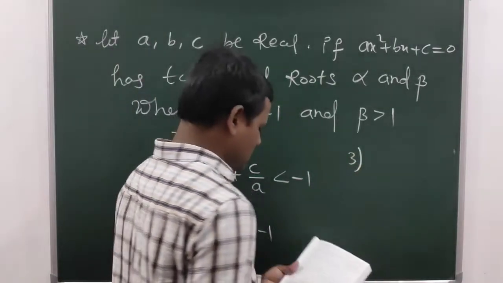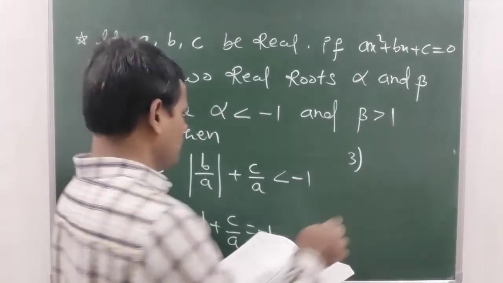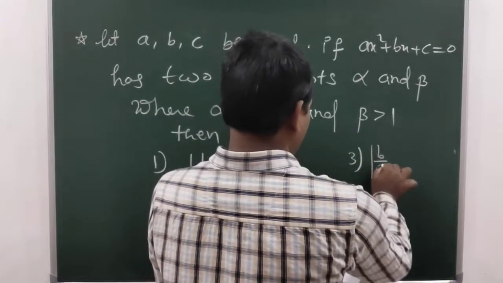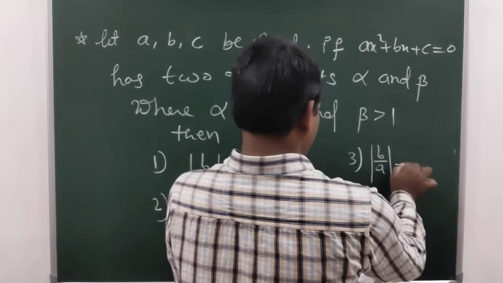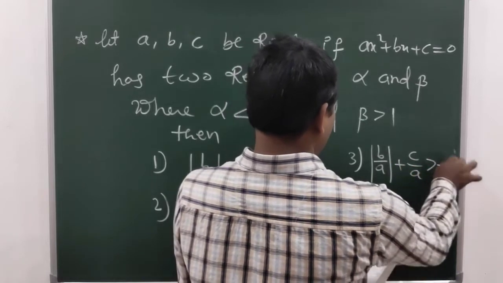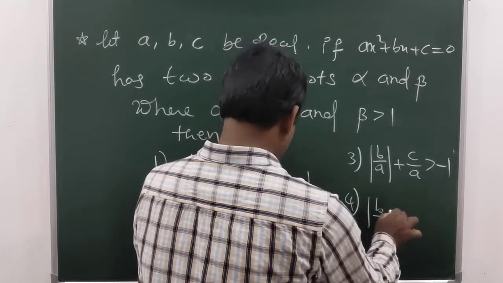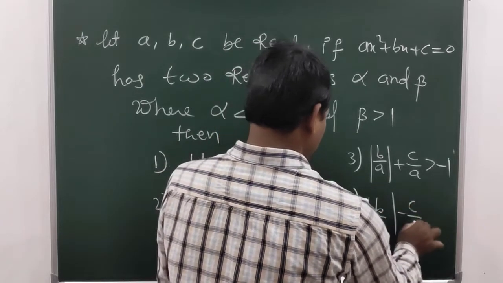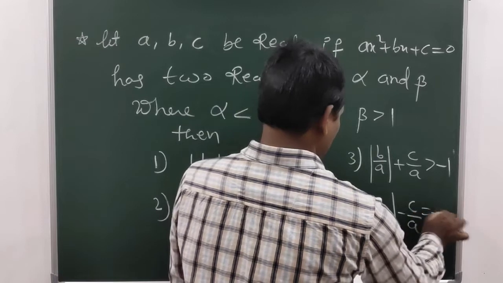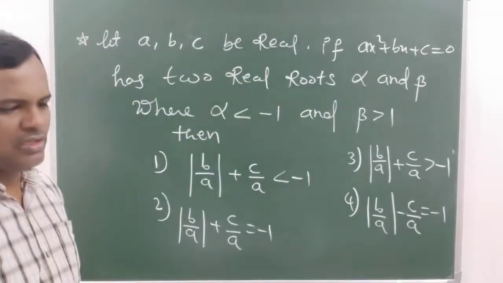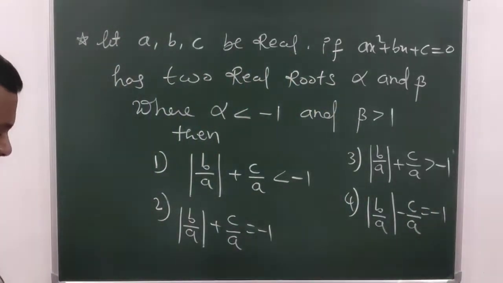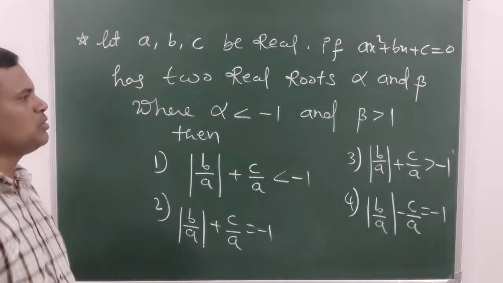The third option: mod of b by a plus c by a greater than -1. And the fourth option: mod of b by a minus c by a is equal to -1. So this is the given application. Now tell me, how do we answer this question?